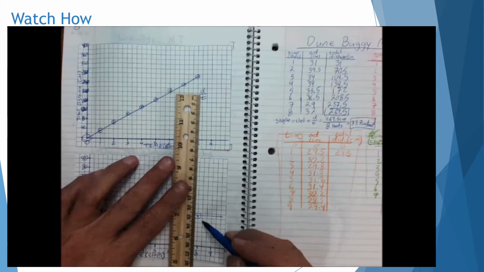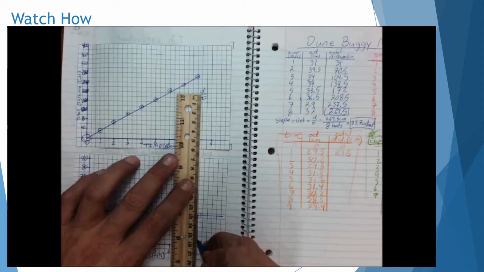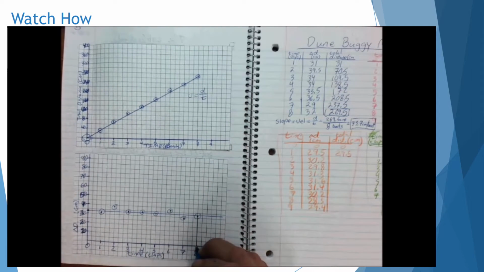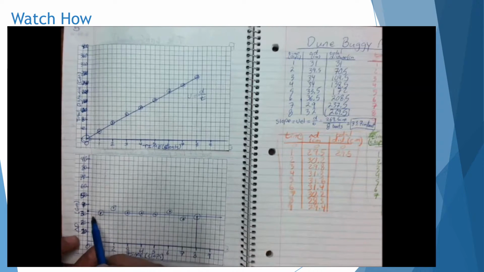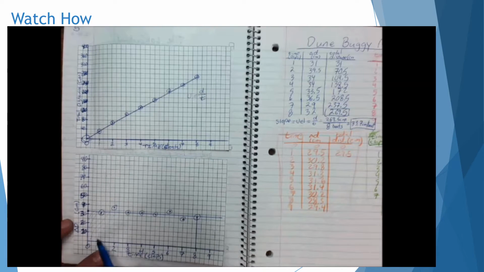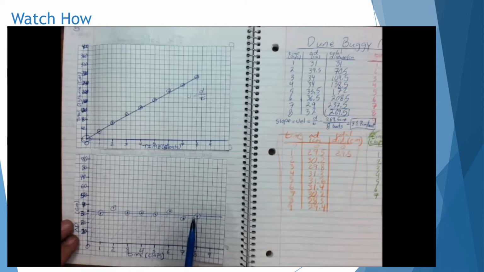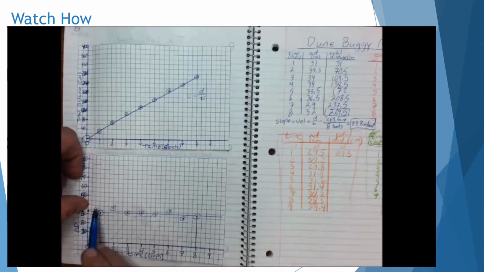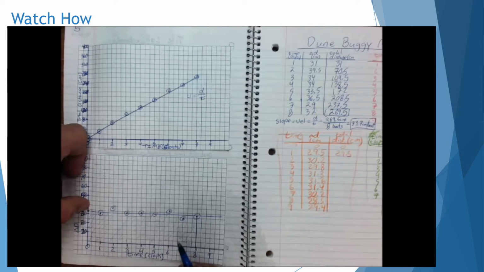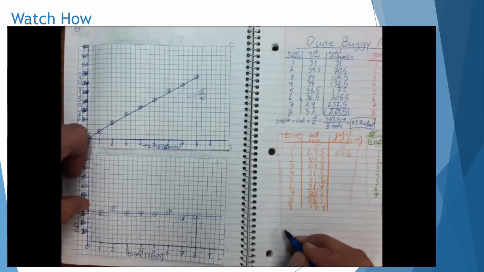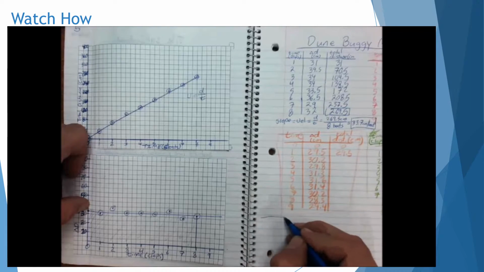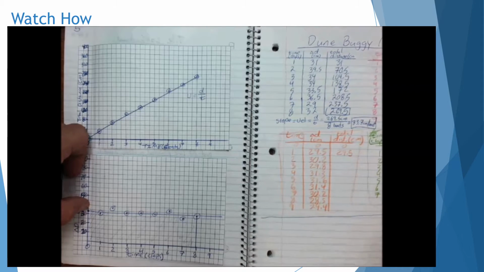If I draw a line like this, and then I shade this area, I'm going to shade it with my pen, but you can do this with a colored pencil or something. I have an area under this line, and we know that area, I'm going to come back over to my thing here and draw a line.